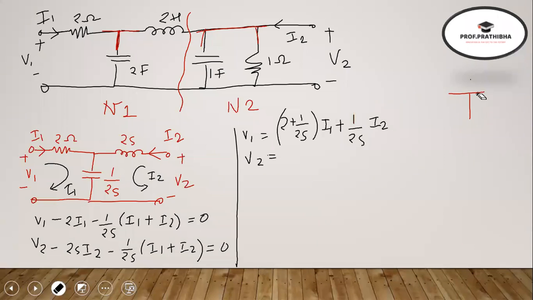You can unmute yourself, I have given you the permission. So I hope you have been able to get this. And the next, V2, I hope you're getting something like I1 upon 2s plus 2s plus 1 upon 2s times I2. So I hope you're getting these two.